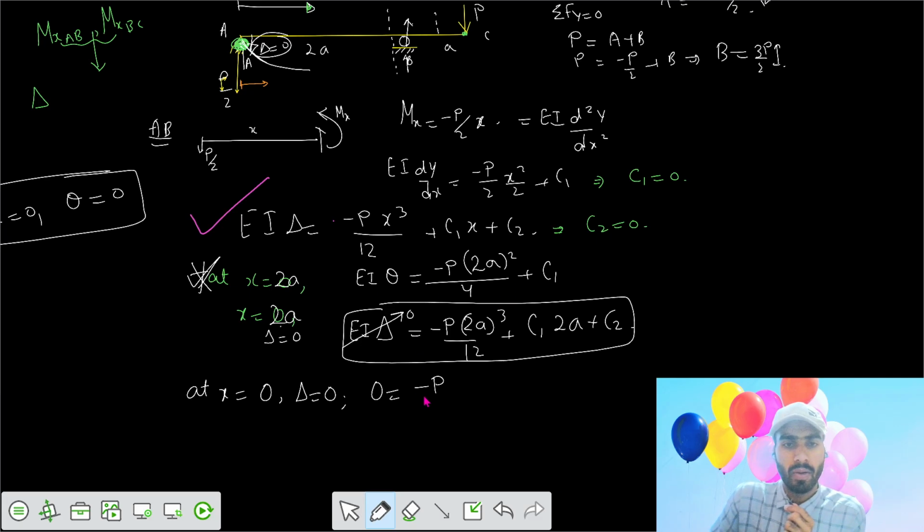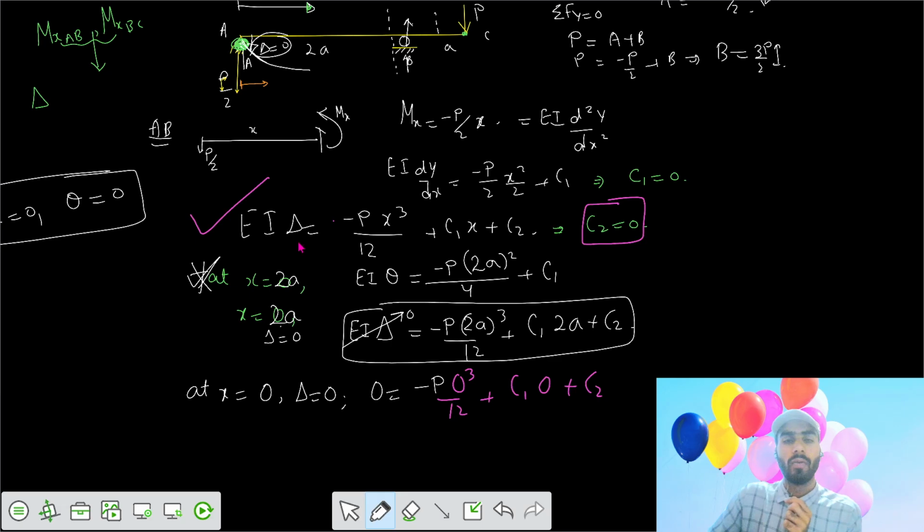Then we have minus P into 0 cubed by 12 plus C1 into 0 plus C2. That means your C2 is 0, which we earlier calculated when we applied the boundary conditions at x equals 0. So your C2 becomes equal to 0.